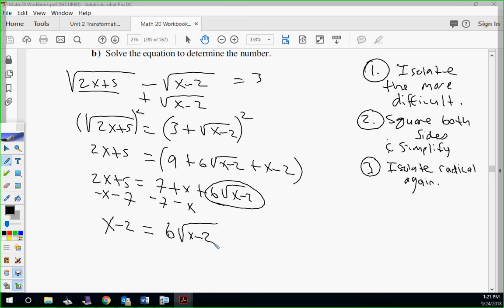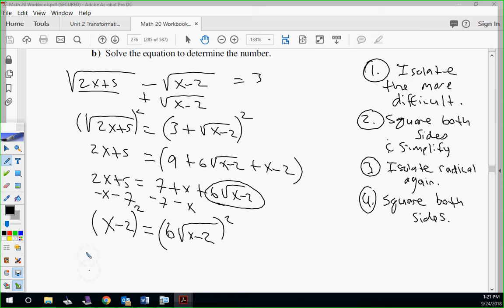Okay, so we've done those 3 steps. The 4th step, square both sides again. This guy is going to have to be FOILed.